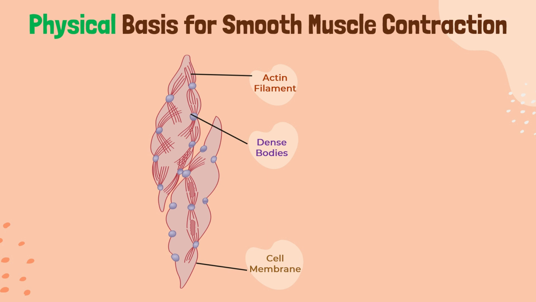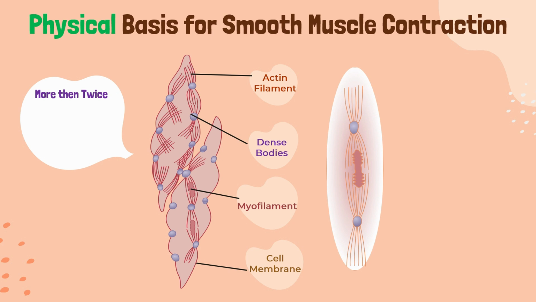Interspersed among the actin filaments in the muscle fiber are myosin filaments. These filaments have a diameter more than twice that of the actin filaments. In electron micrographs, 5 to 10 times as many actin filaments as myosin filaments are usually found. To the right is a postulated structure of an individual contractile unit in a smooth muscle cell, showing large numbers of actin filaments radiating from two dense bodies.